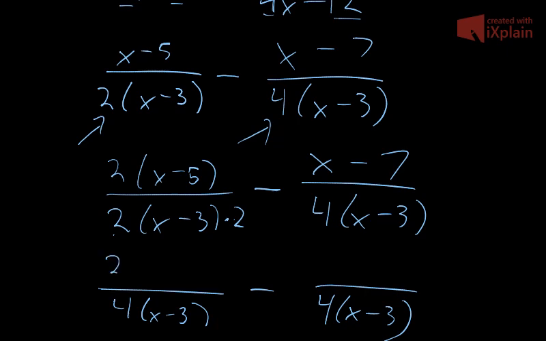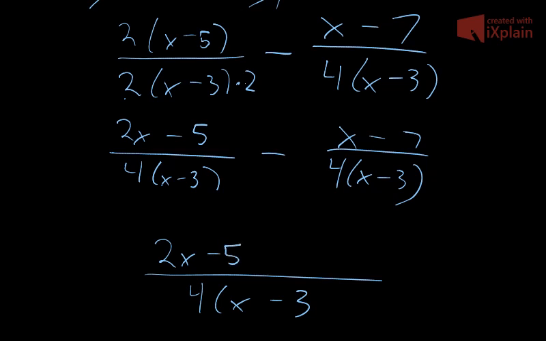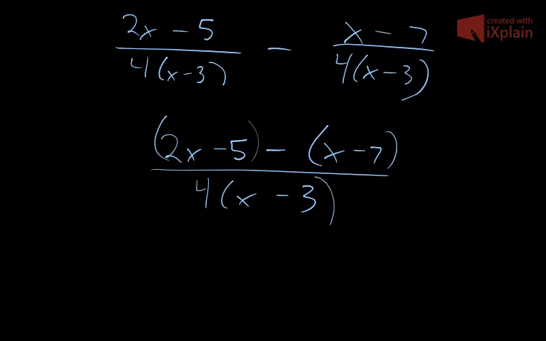And on top, I'm going to have 2(x minus 5) minus (x minus 7). So I'm going to combine my denominators, so they're the same, so I'm just going to leave it on bottom. And then go ahead and do the operation on top. So I got 2(x minus 5) minus, and on this side I have (x minus 7). Now up top, let me first change this to addition of a negative.